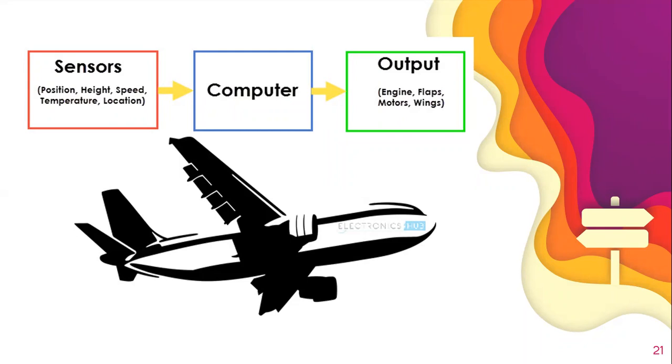These sensors provide data in which the computer takes all these data and processes them by comparing them with the pre-designed values. So the computer provides control signals to the actuators present in the flight system, namely engines, wings, and allows them to perform correctly according to the pre-designed values.